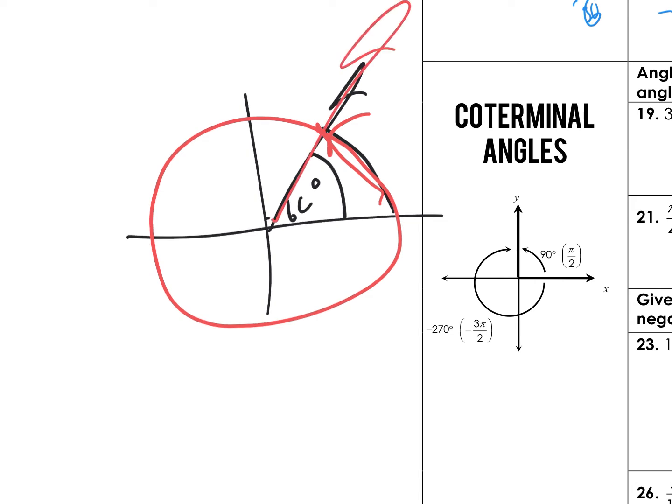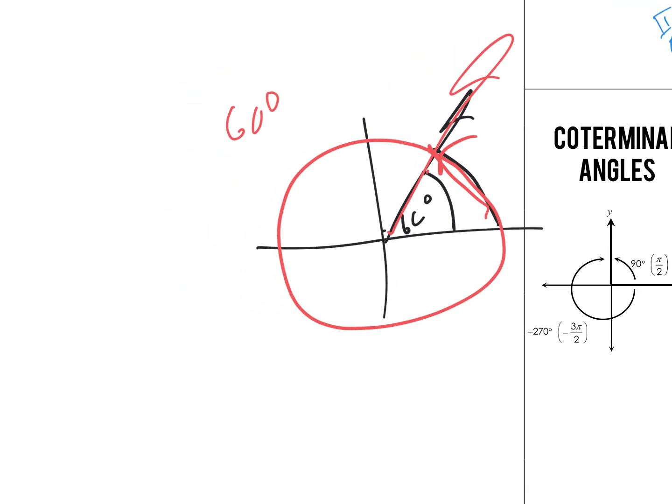I took 60 and I added 360 to it. How much is it? 420. That would be coterminal.